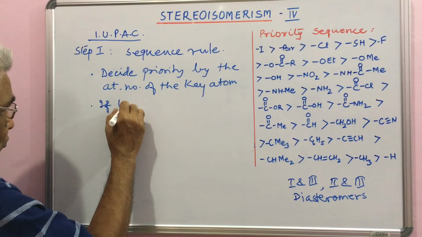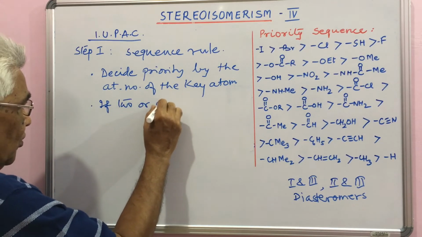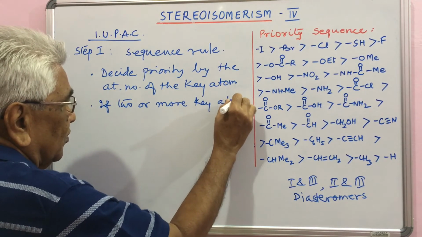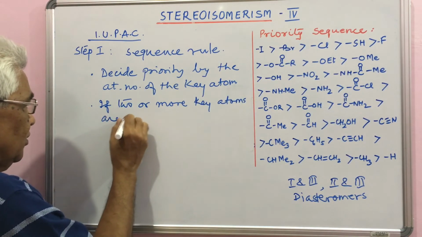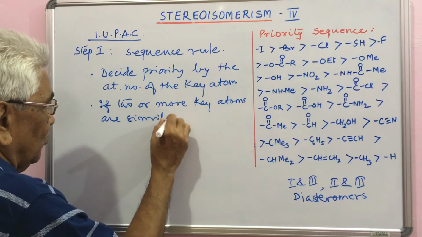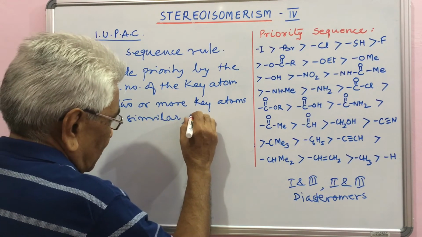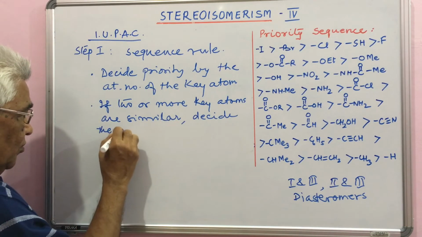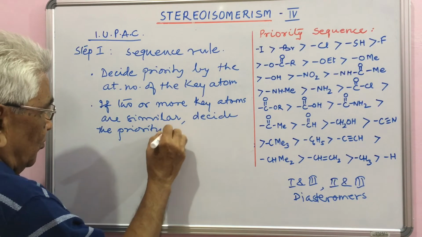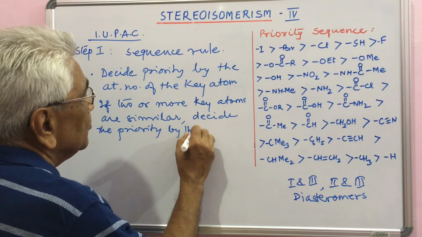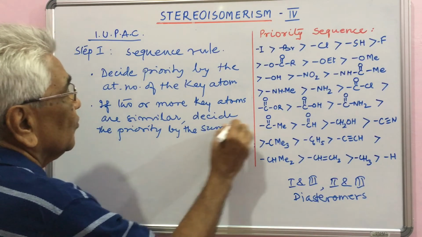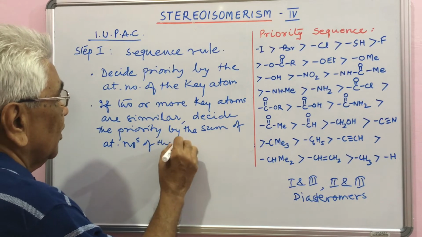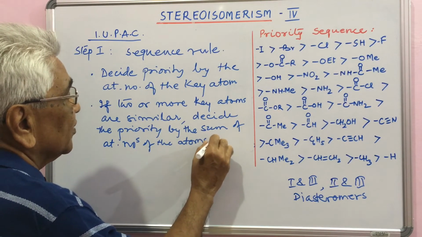If 2 or more key atoms are similar, decide the priority by the sum of atomic numbers of the atoms attached to them.